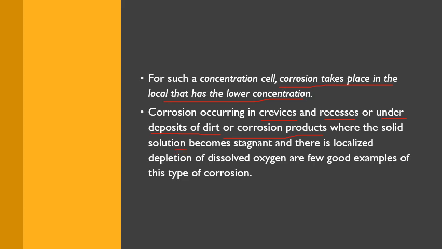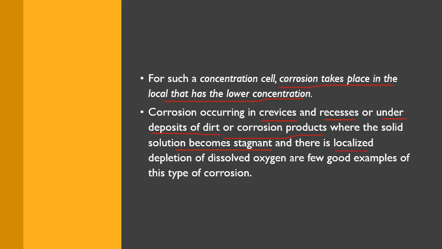And corrosion is also fast in that area where the electrolyte solution becomes stagnant. It means there are depressions, and water or some electrolyte is accumulated there and remains stagnant.